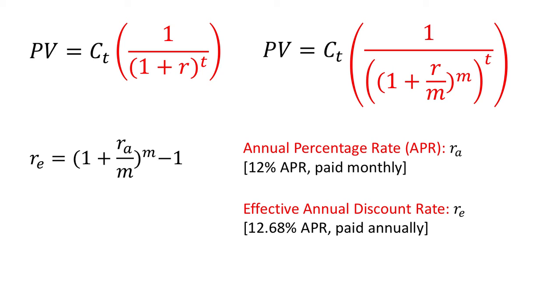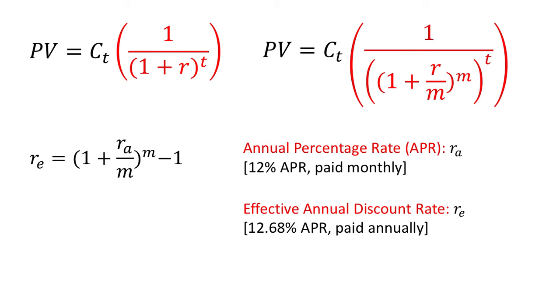Unfortunately, most people in society just understand 12% APR as a 12% interest rate. But they have no idea that a 12% APR paid monthly is different than a 12% APR paid annually. So if you can convert everything to an annual rate, an effective annual discount rate, you can compare apples to apples across loans and across products that will pay you a fixed income stream.